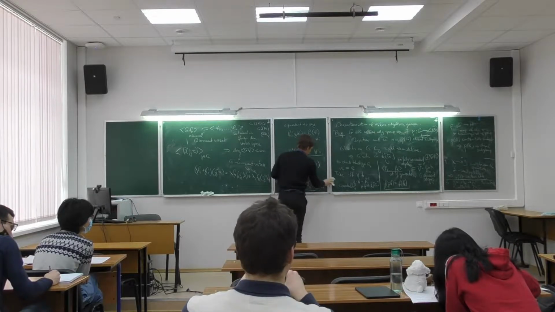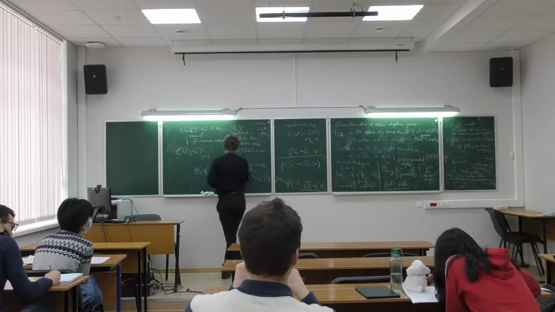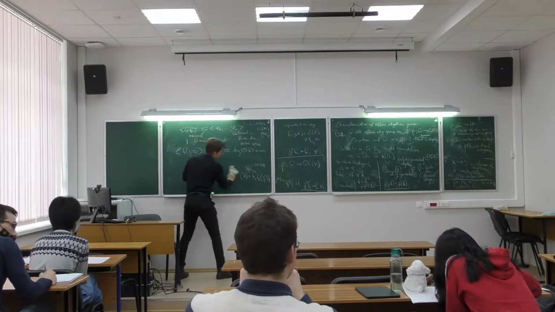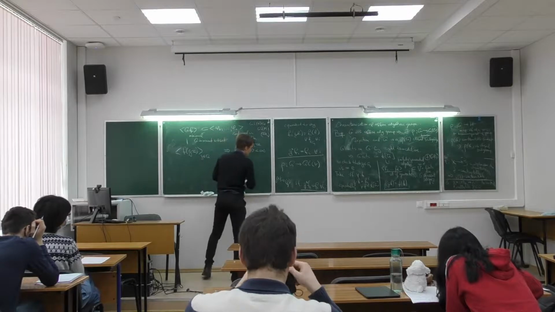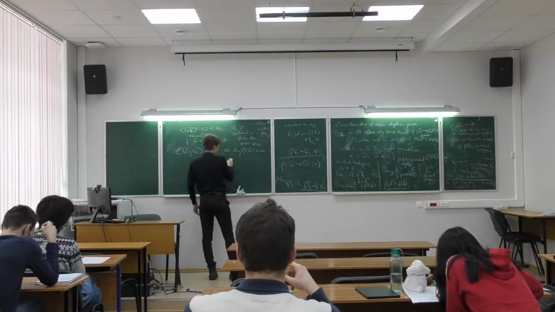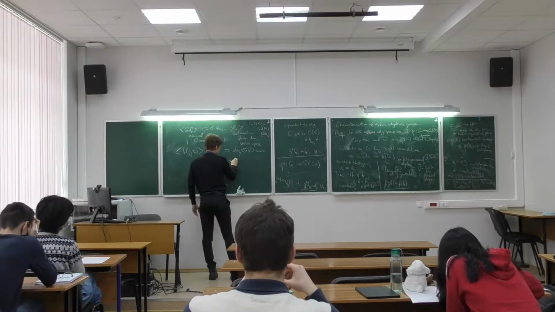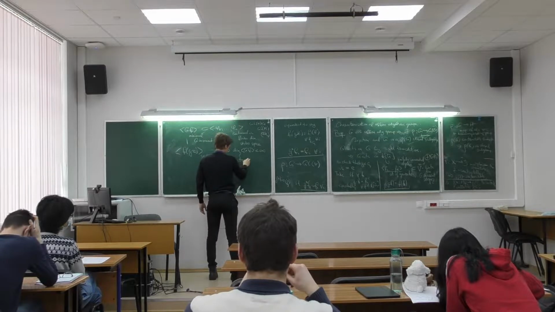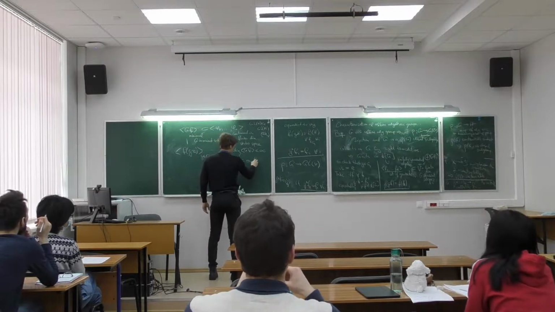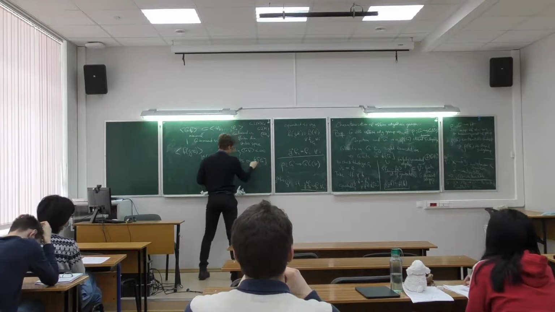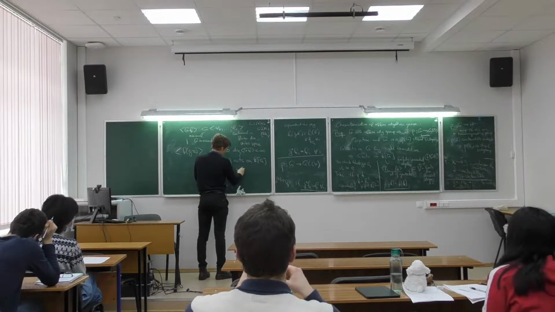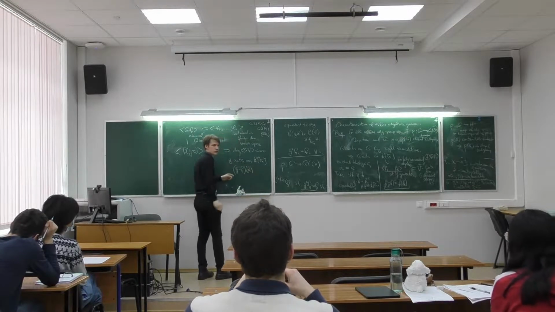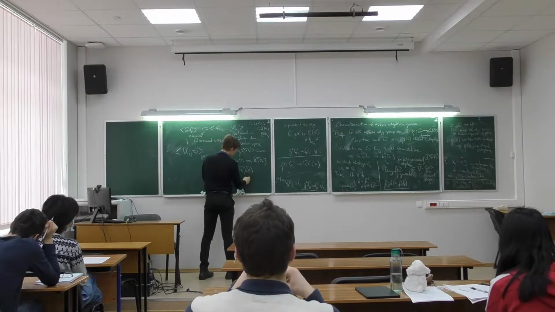I mean that it acts on all elements of V. So the element G acts on the functions on K of G. G applied to F, you evaluate it on an element h of the group.